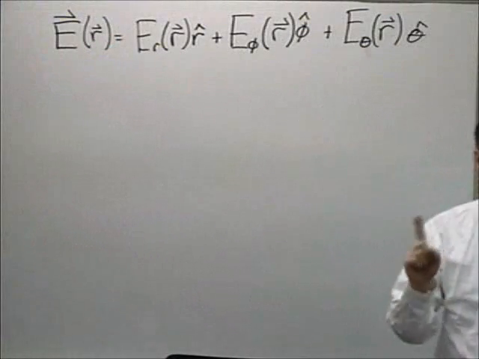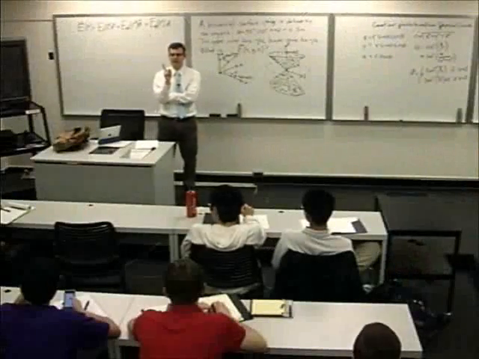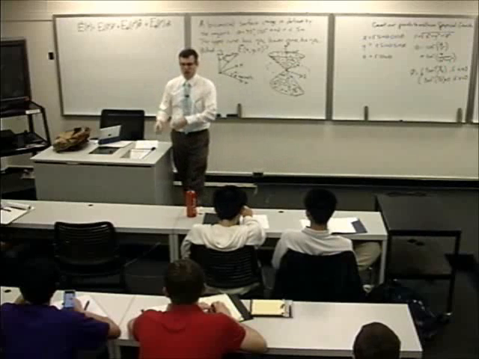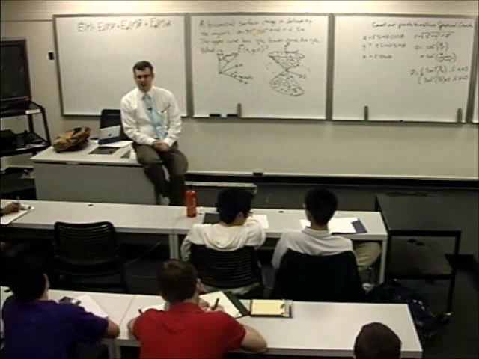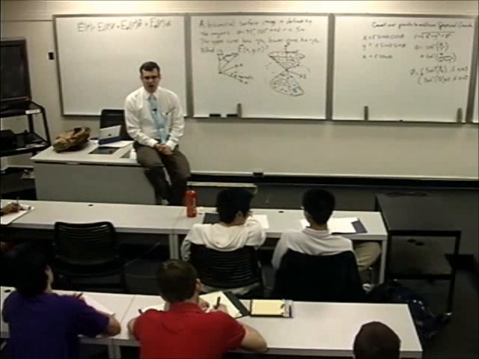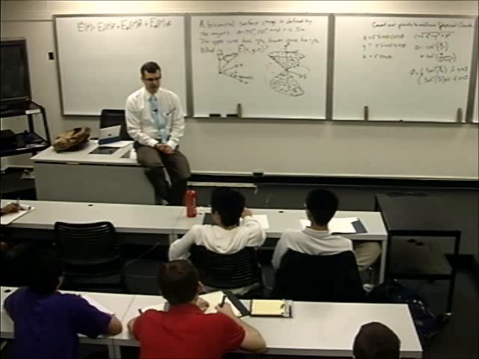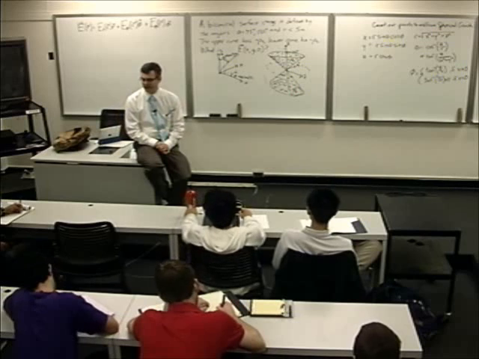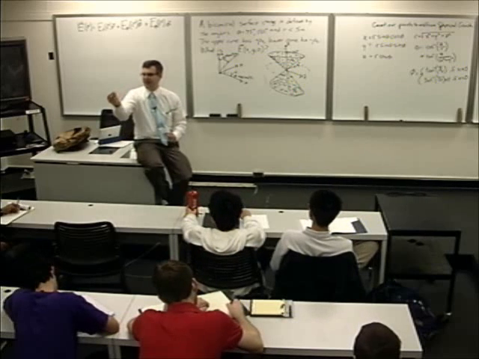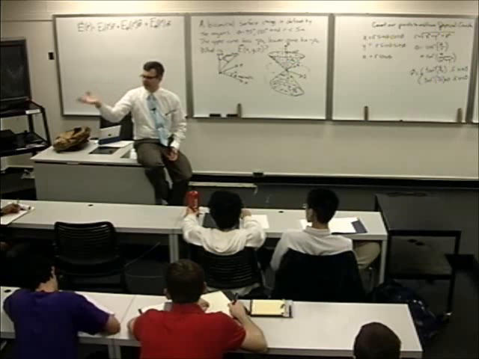The other thing I need to remark on, and this is a common error on tests and early homeworks in this class, so be aware of this, is to always distinguish between the point of observation in space, which in these problems are your R vectors, and the actual field decomposition at that point in space, which is a completely different vector.